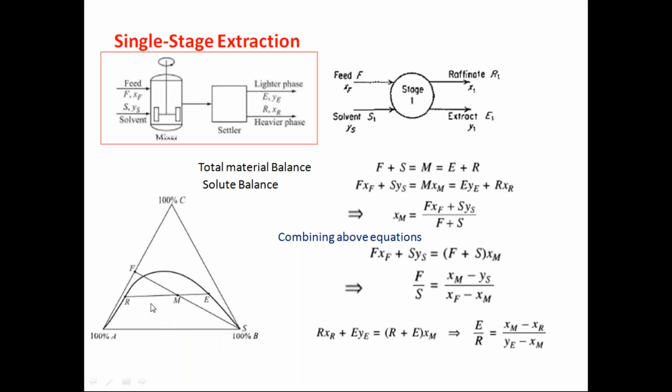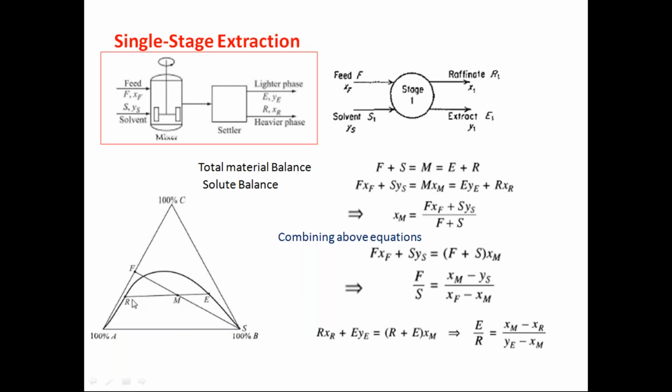Upon the addition of the solvent, the feed is getting diluted with respect to the C composition. So C composition falls down to this value. This is the xM. How do you find out this xM value? The xM value can be found out as F into xF plus S into yS divided by F plus S. So after drawing this line, find out xM and then identify this point, the M point.